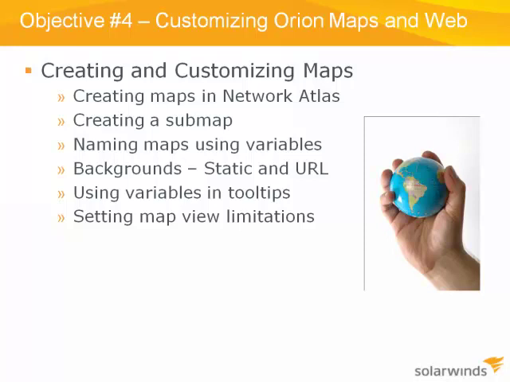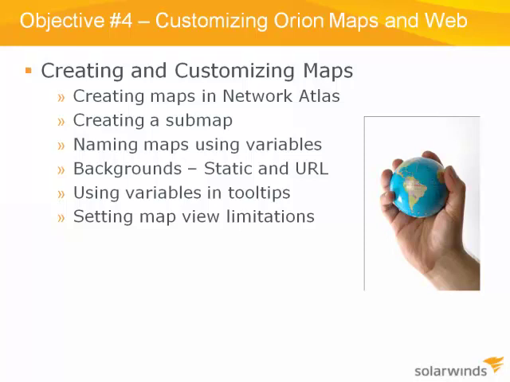So maps are a really powerful concept, and so we wanted to cover some of the key things there. Network Atlas is kind of your interface for creating that. We'll talk about creating submaps or nested maps. We'll talk about using variables. So Orion variables are definitely an important thing to understand.